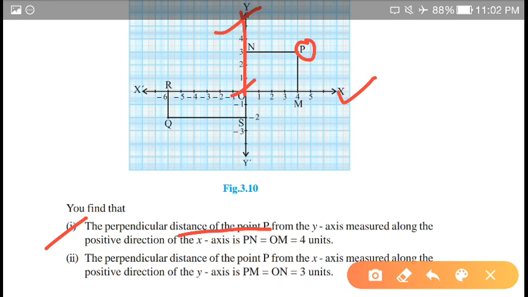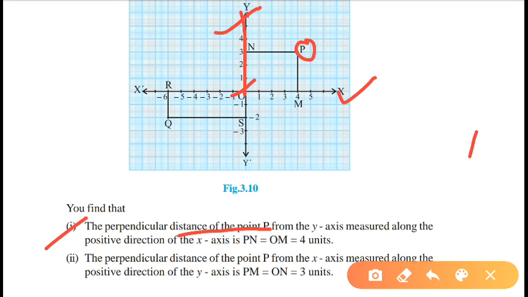From here, the perpendicular distance of the point P, this perpendicular over here, is measured along the positive direction of the x-axis. This is the positive direction of the x-axis. And how many units? Pn.